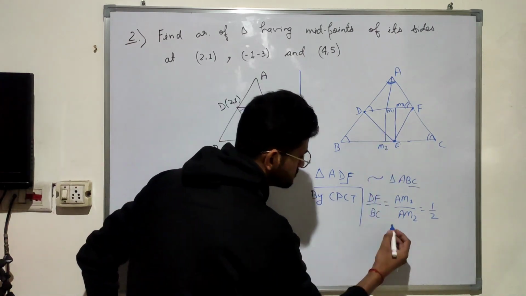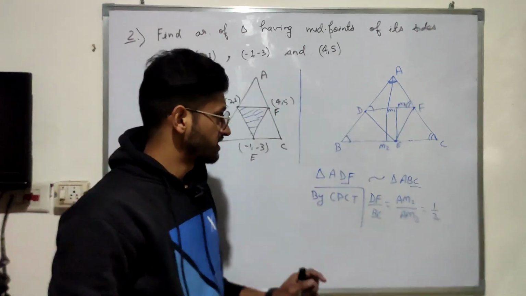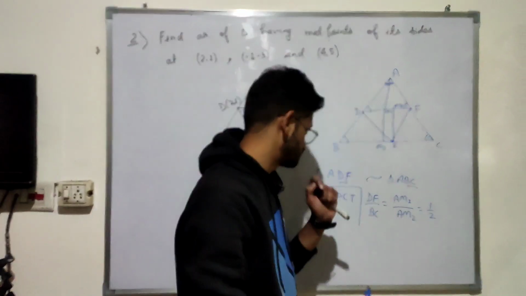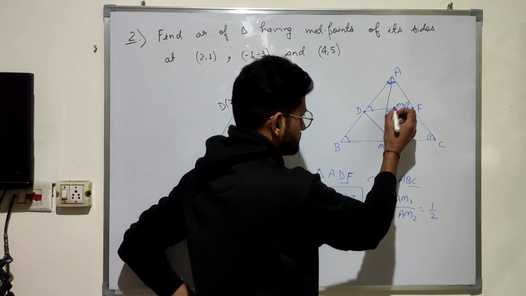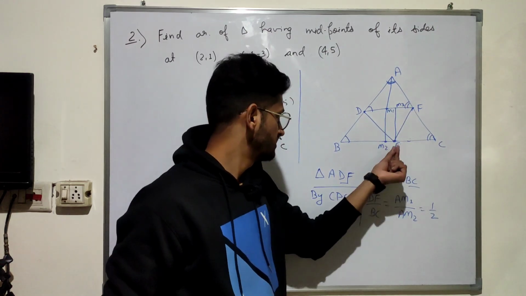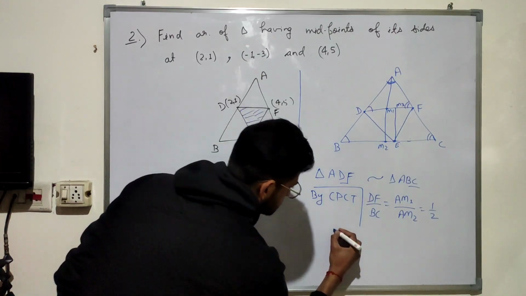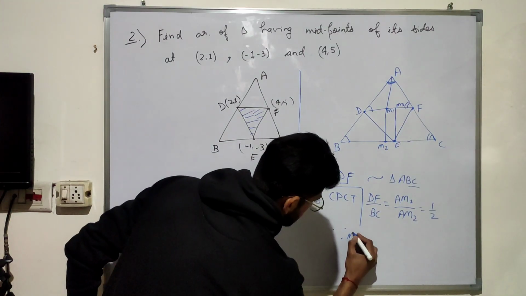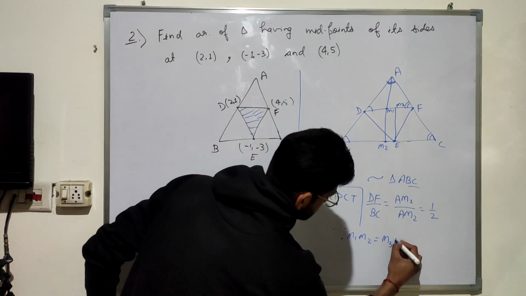Similarly, AM1 is going to be half of AM2. Also, we know DF is parallel to BC, and M1M2 is also an altitude. Similarly, EM3 is also an altitude for triangle DEF. Since M1M2 is equal to M3E.